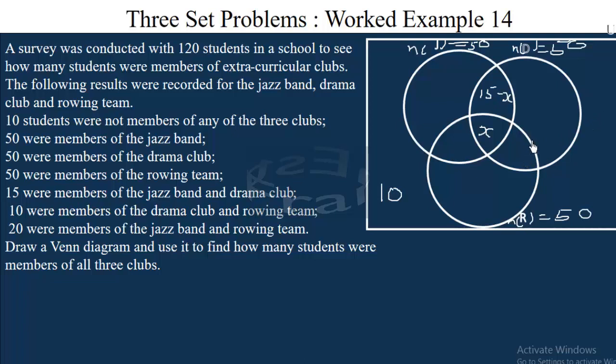The same thing applies over here. So 10 minus X. Then 20 were members of the jazz band and rowing team. So 20 minus X.